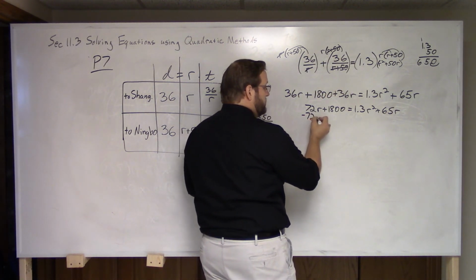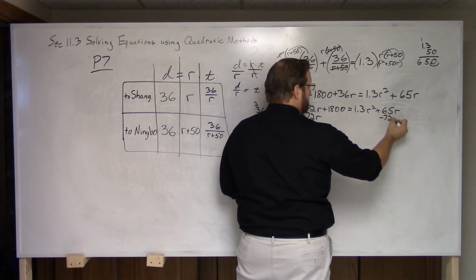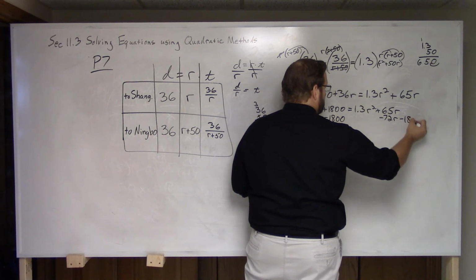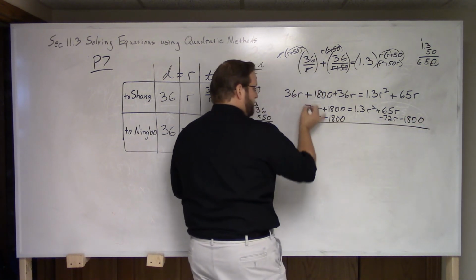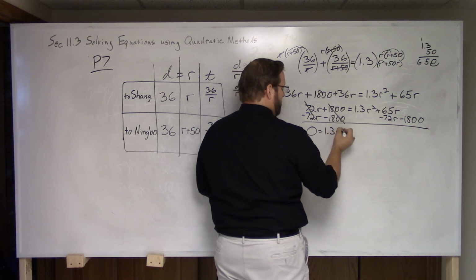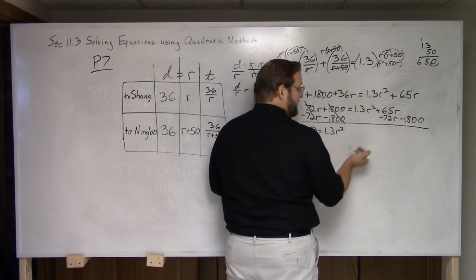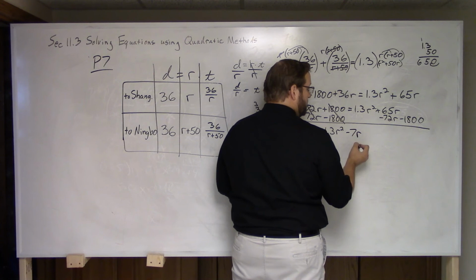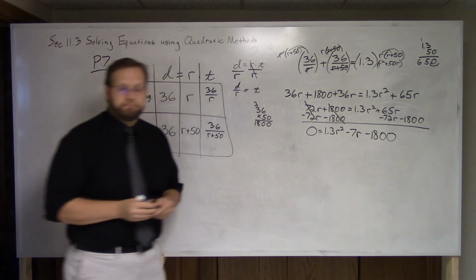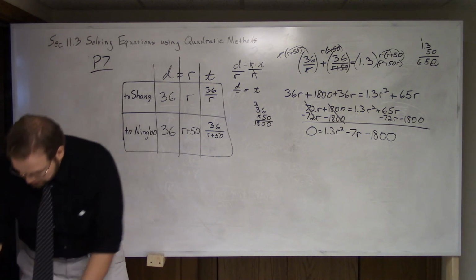Subtract the 72r and the 1800. 65 minus 72 is negative 7r minus 1800. Okay?